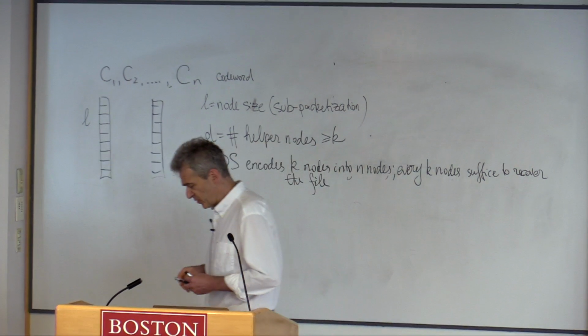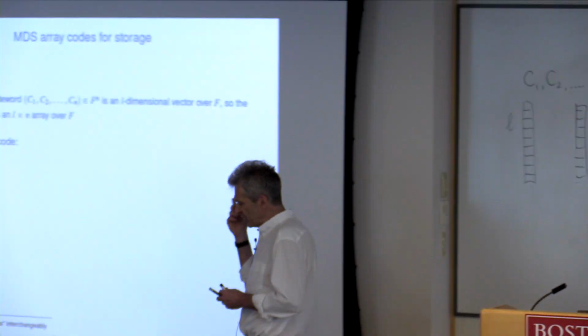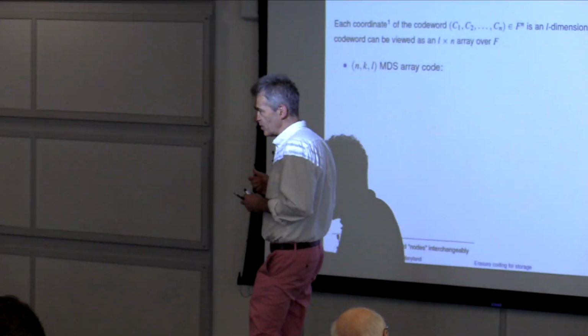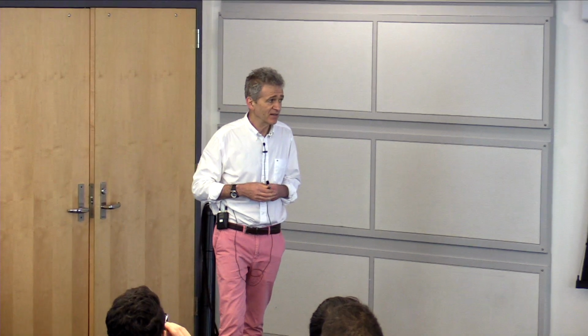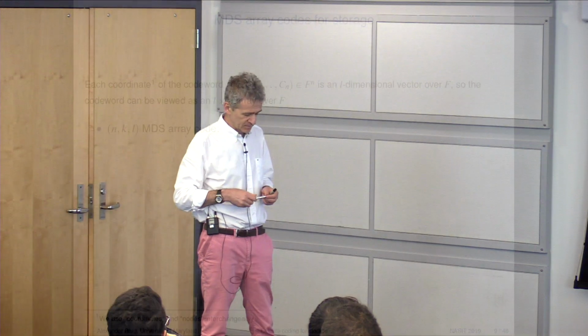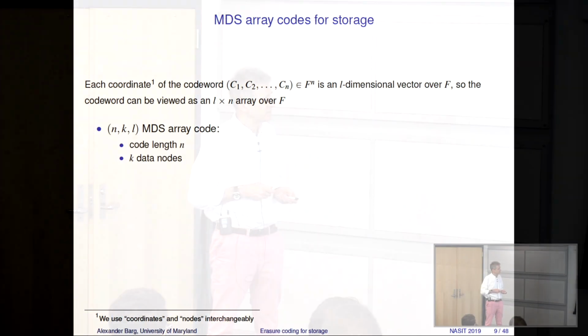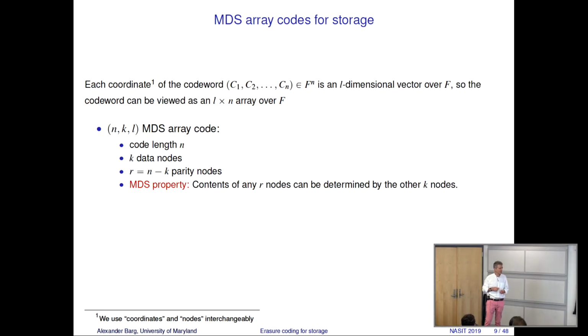So that's the MDS property. We do not stress the distance of the code anymore. MDS is now that every k nodes recover the entire file. K data nodes, n minus k parity nodes, contents of any r nodes can be determined by the other k nodes. All right?